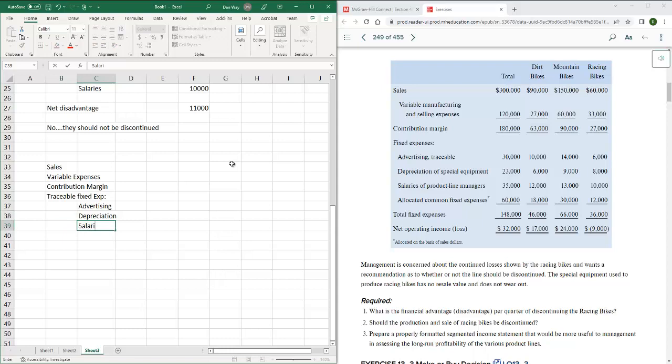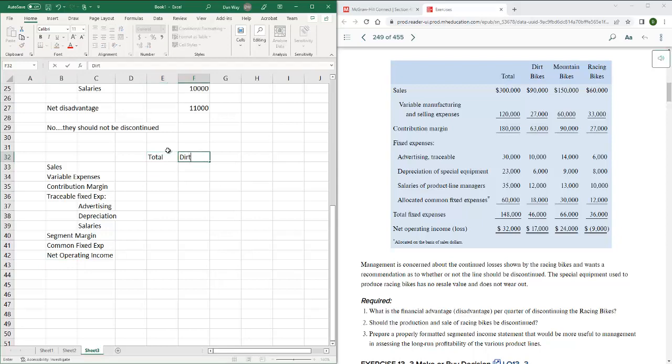Then we'd have salaries of the product line managers. That would be it for traceable fixed. That would leave us with segment margin. Then we'd show those common fixed expenses, and that would get us to net operating income on the bottom line there.